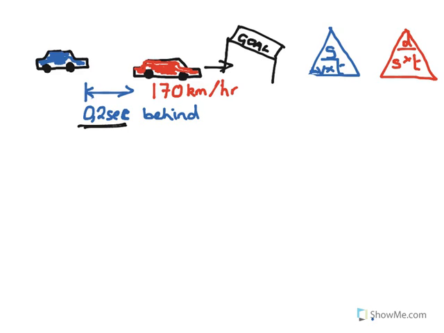Well, we know that the red car has a speed of 170 kilometers per hour. But we're not going to measure the distance that the car is behind in kilometers. We're going to need it in meters. So the first thing we have to do is change our units of kilometers per hour to meters per second.